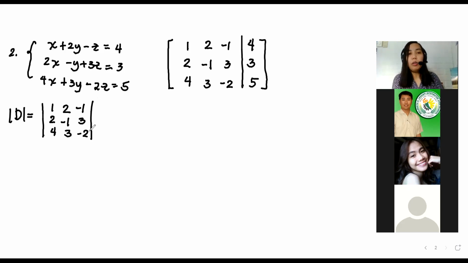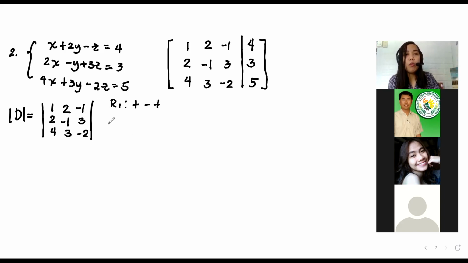Okay. So, for example, I will use expansion, cofactor expansion. I choose row 1. For row 1, the sign is positive, negative, positive. Again, I am not requiring you to choose row 1. I just want row 1. Whatever you want, do that.